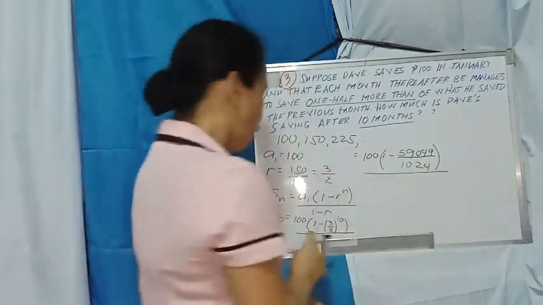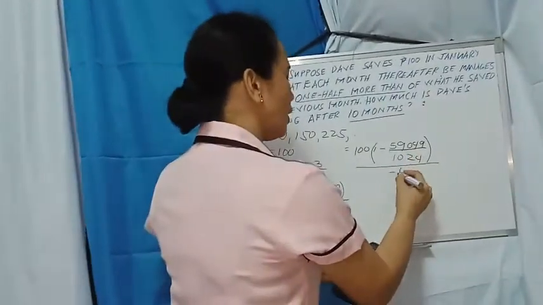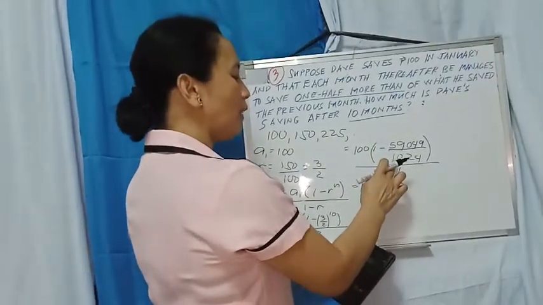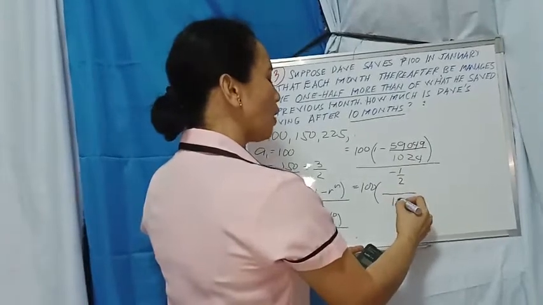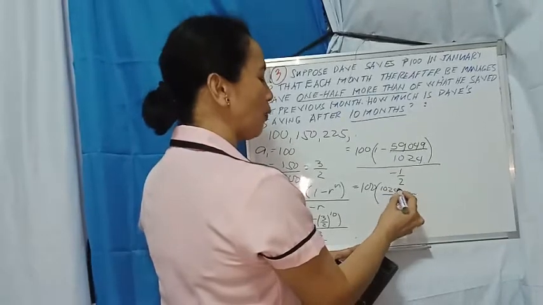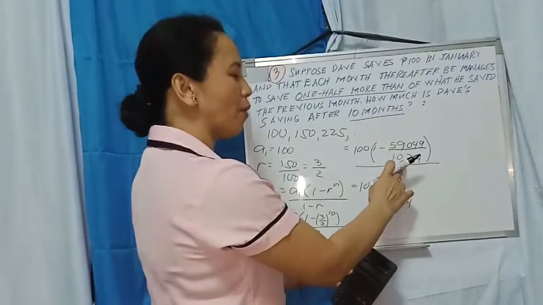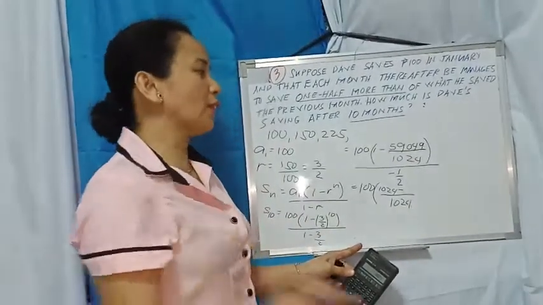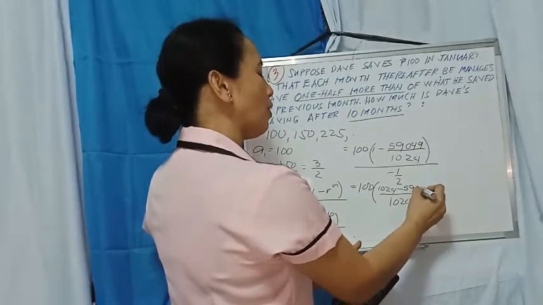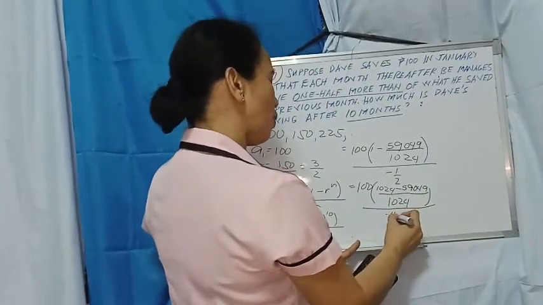All over 1 minus 3/2 is equivalent to negative 1/2, equals 100. Then we have here 1,024 times 1, that is 1,024, minus 1,024 divided by 1,024, that is 1, and then times 59,049, the answer is 59,049. And then all over negative 1/2.